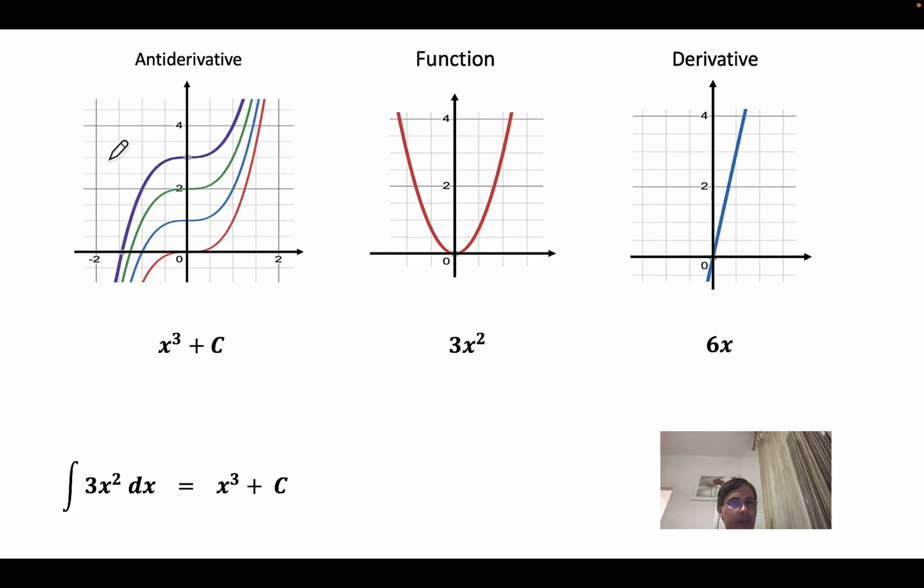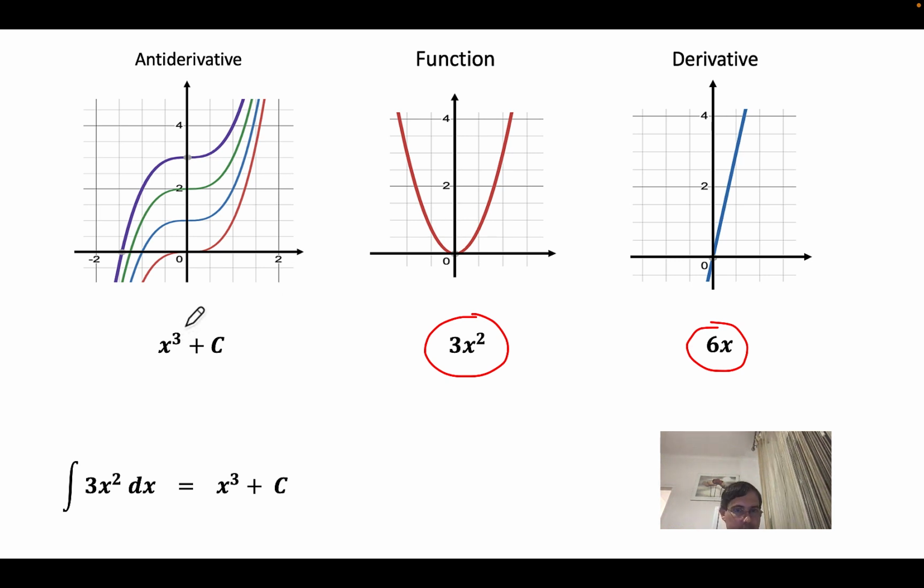So now let's make a connection between this concept of derivative and antiderivative, just looking at this simple example. Again, this is the graph of the function 3x squared. We know that the derivative of 3x squared is 6x. That's the graph of the function 6x.